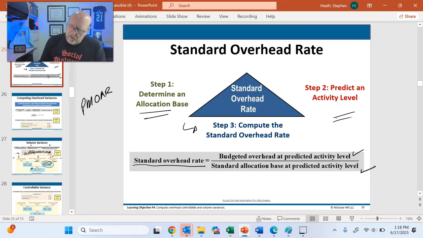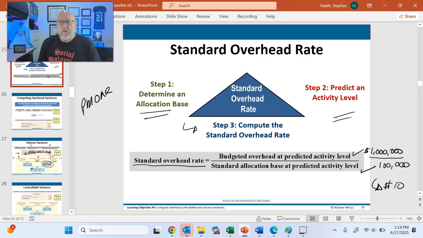So let's say my anticipated overhead for the year is going to be 1 million, and I'm going to allocate that based on direct labor hours. And I think I'm going to have 100,000 labor hours. Then for every labor hour, we're going to allocate $10 of overhead.